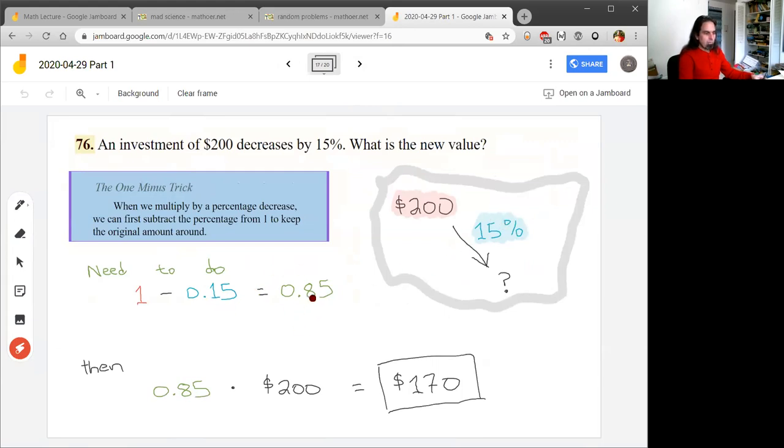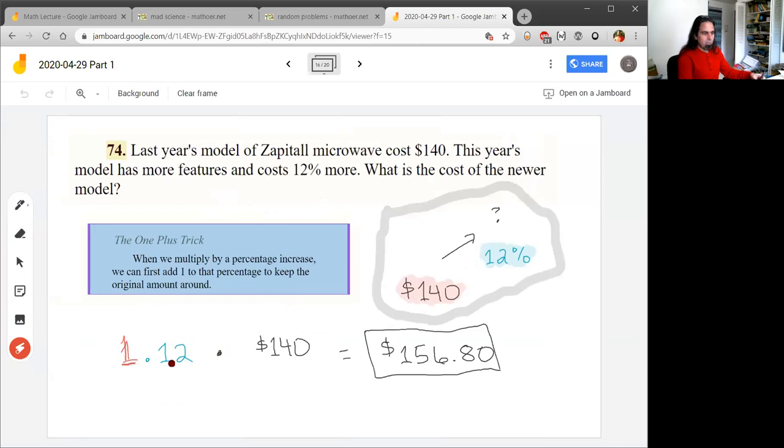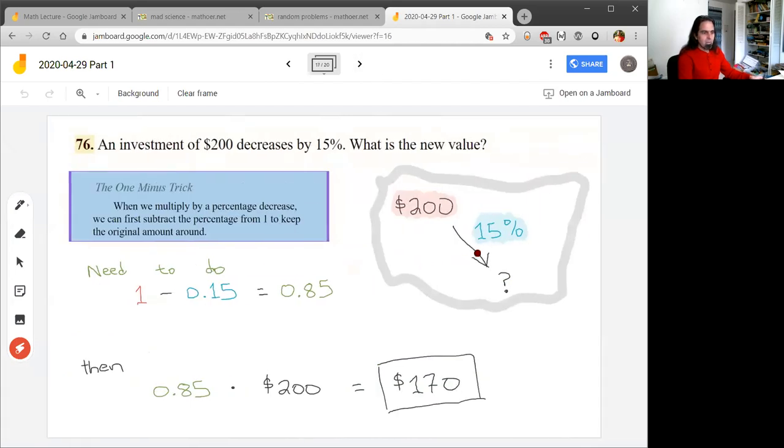Taking a number away from 1, getting a 0.85, just seems a little less natural than slamming a 1 in front of a decimal point. The math is the same. This is 100%. So this is 12% more than 100% because we want 12% more than 100%. This is 100%, and this is 15% less because we want to go down from 100% by 15%.